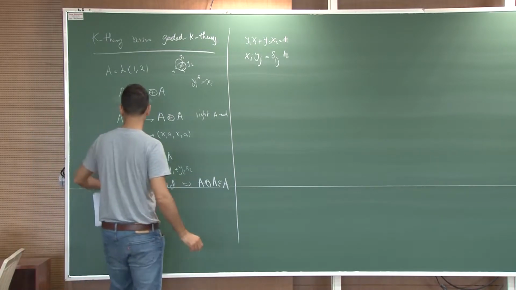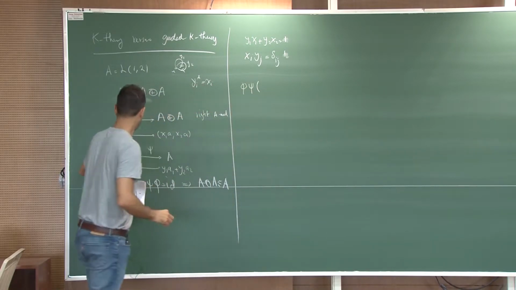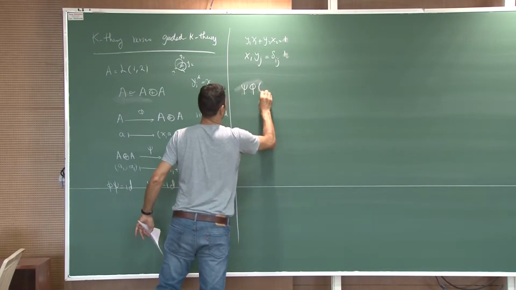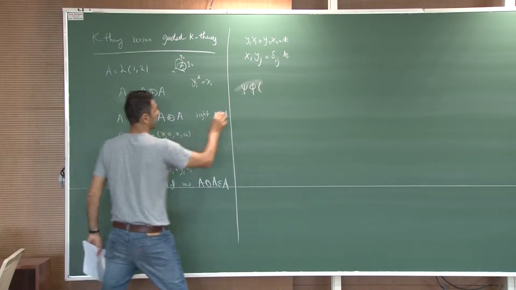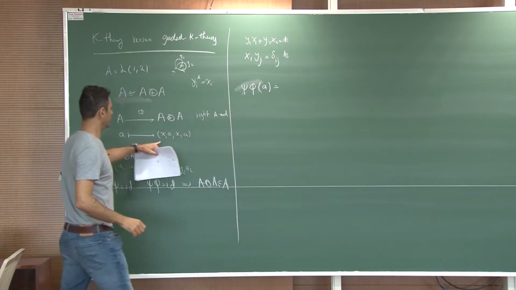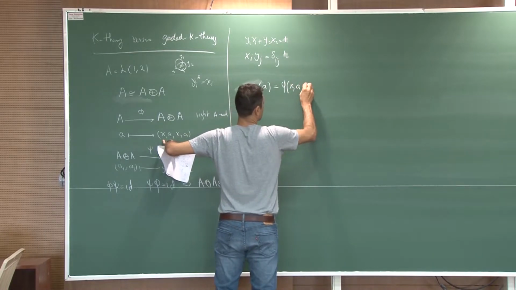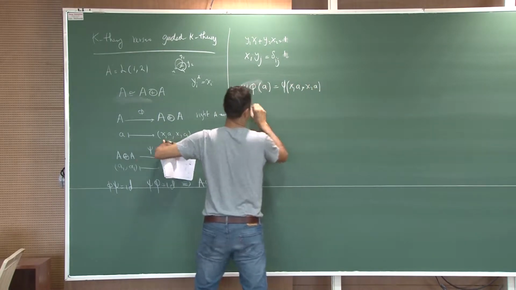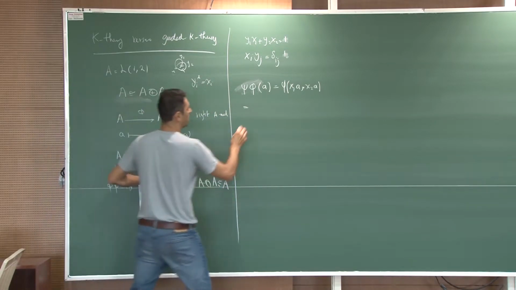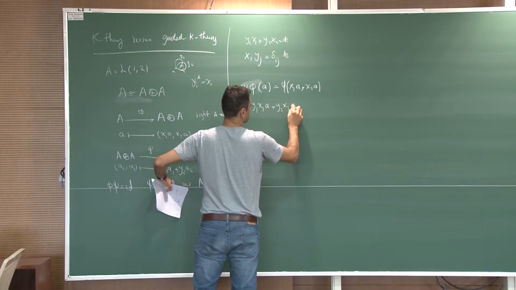I'm starting with maybe phi psi, and I get A. Maybe the other way around, psi phi: I just start with a single element A and chase it. So phi of A gives me x1a, x2a. Now I'm in here, so I can write y1 x1a plus y2 x2a.